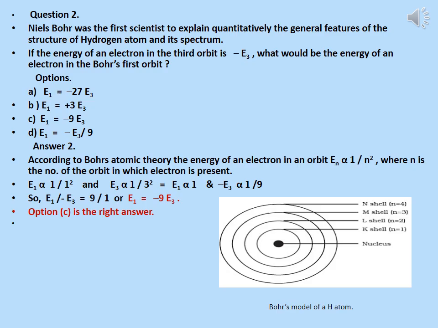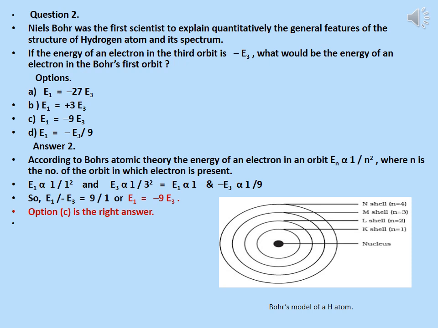Then, to answer this question, we need to know one feature of Bohr's atomic theory, that is, the energy of an electron in an orbit, if it is En, n can be 1, 2, 3, anything, the number of the orbit. So En is proportional to 1 by n square, where n is the number of the orbit in which the electron is present.